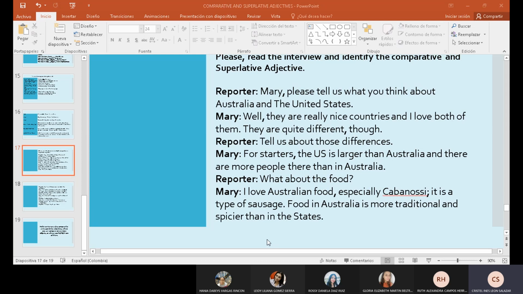Very clear, okay? We are going to show in pairs. Please, Ruth, read that interview. Ruth and Hania, okay? Ruth is reporter, Hania is Mary. Please pay attention because I am going to identify the adjectives in comparatives and superlatives.